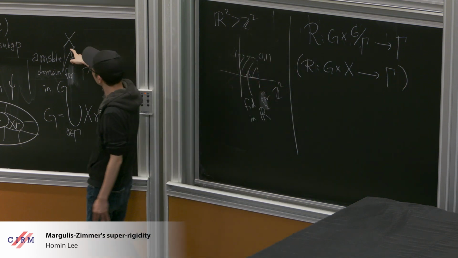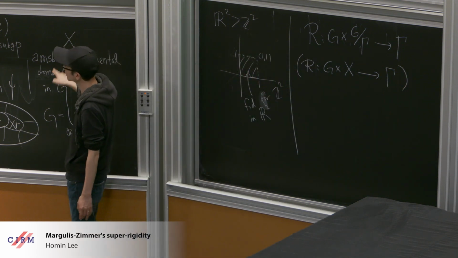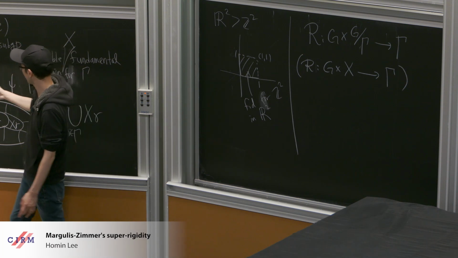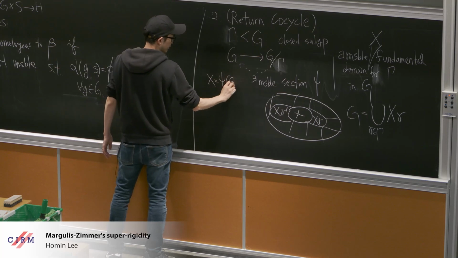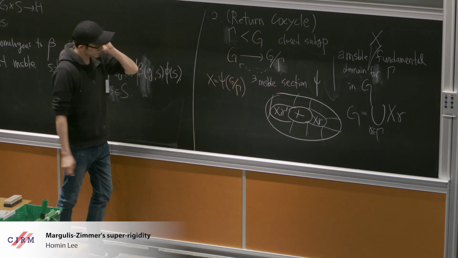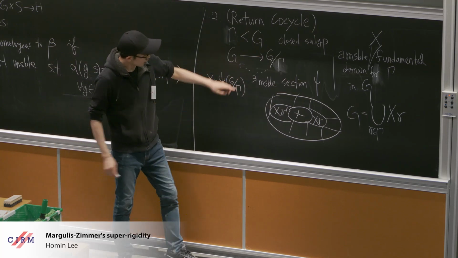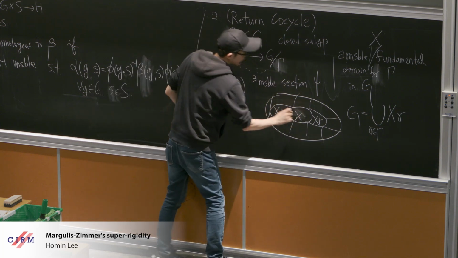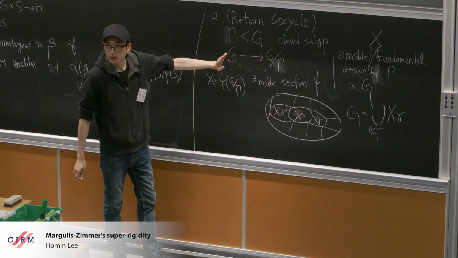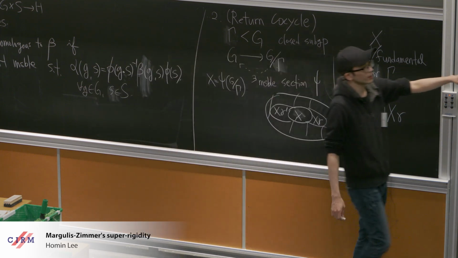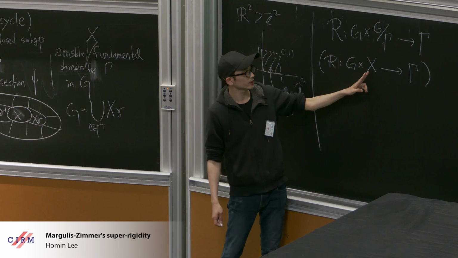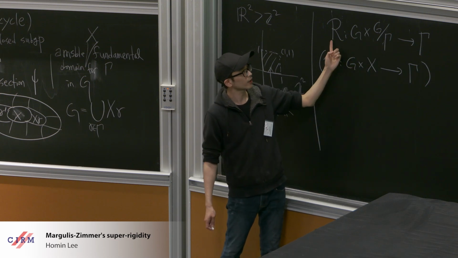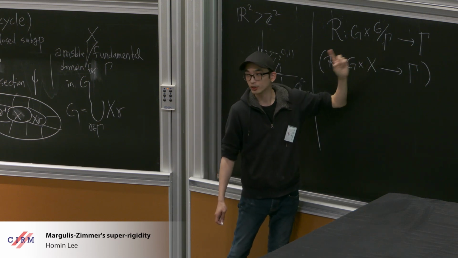Because X is a fundamental domain, I can identify X with G mod gamma. So secretly, I'm thinking about the cocycle G times X to gamma, but after identifying X and G mod gamma, I can think about the cocycle G times G mod gamma to gamma.